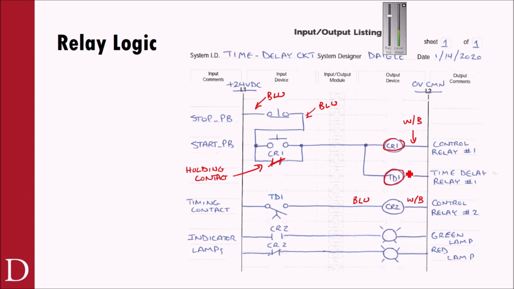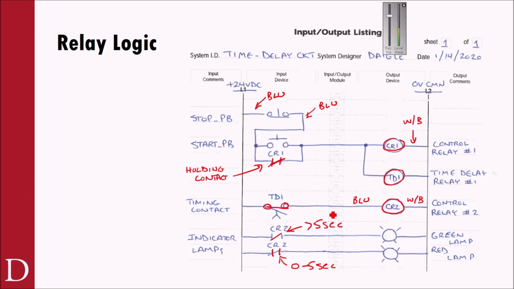So now this coil's energized and it's ticking away, whatever it's set to, 5 seconds, 1, 1000, 2, 1000, 3, 1000, 4, 1000, 5, 1000. When that happens, this contact's going to close, energize CR2, and so for the first 5 seconds, I had a red lamp from 0 to 5 seconds. Now, beyond 5 seconds, I now have a green lamp because this contact closed and that contact opened.